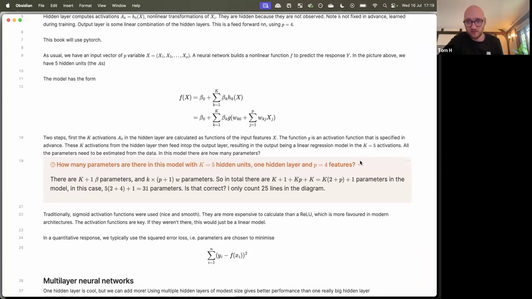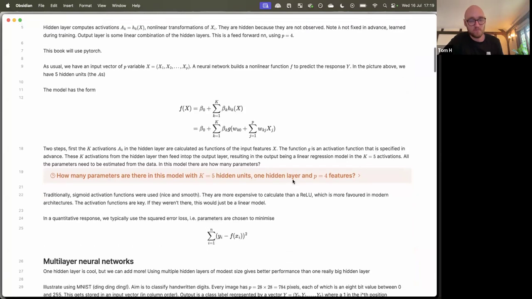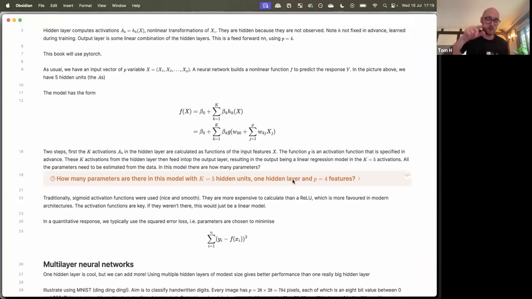Okay, so activation functions, as I mentioned earlier, you're looking for something with some sort of step in it, that starts at 0 and ends at 1. Not necessarily a non-linear step. Traditionally, sigmoid activation functions were used because they're nice and smooth. But the problem is that they're quite expensive to calculate, because you've got exponentials, and fractions of exponentials. Another common one is the hyperbolic tangent function.